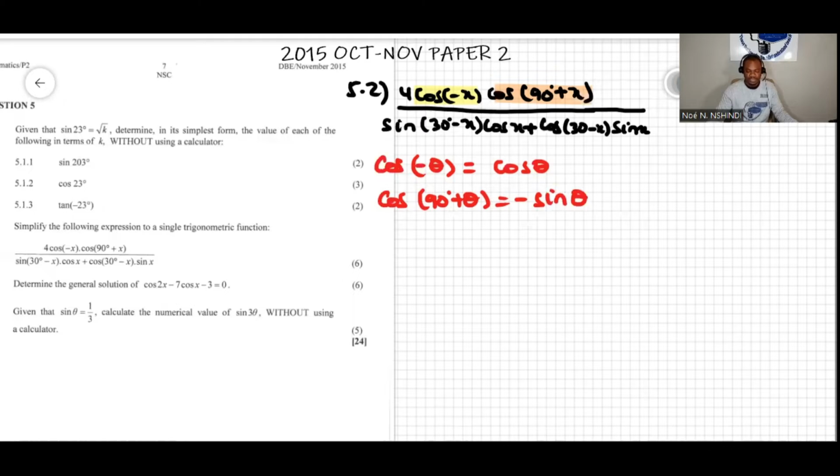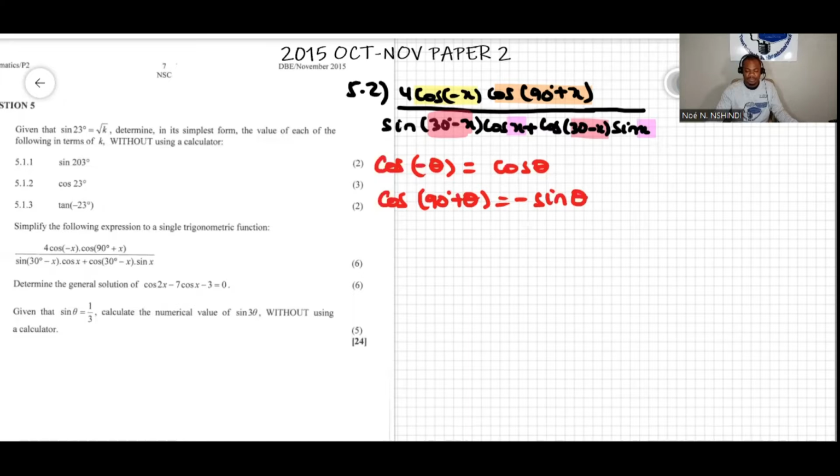I can also notice at the denominator over here, sine of 30 degrees minus x times cos x, and then we have cos x. So this tells me that we have what we call compound angles.